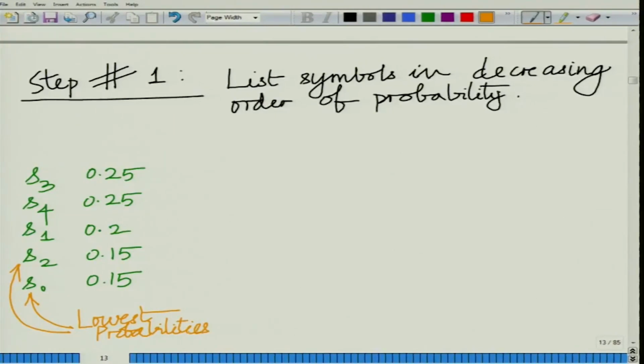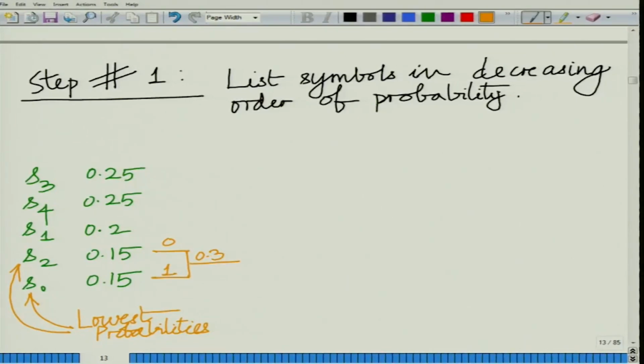So therefore what we do is we fuse, or basically we combine these two, assign a 0 to one branch, let us say the top branch, and 1 to the other branch, and the net probability becomes 0.3.